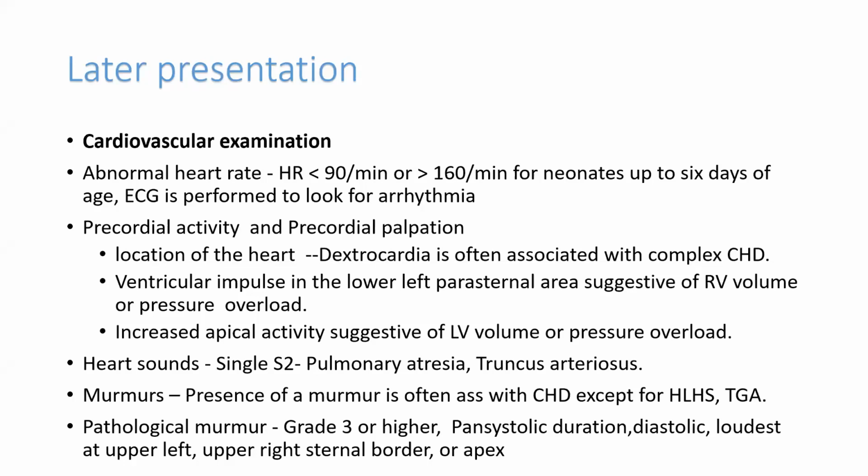A parasternal heave on palpation will suggest right ventricular volume or pressure overload, and increased apical activity will suggest left ventricular volume or pressure overload. On auscultation, a single second heart sound is likely to point to pulmonary atresia and also truncus arteriosus.